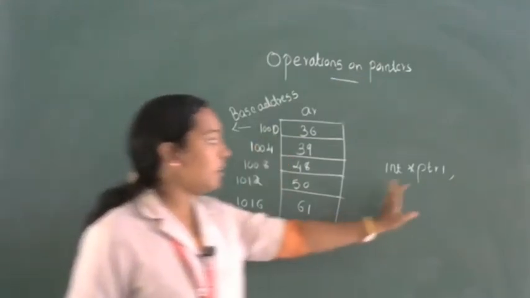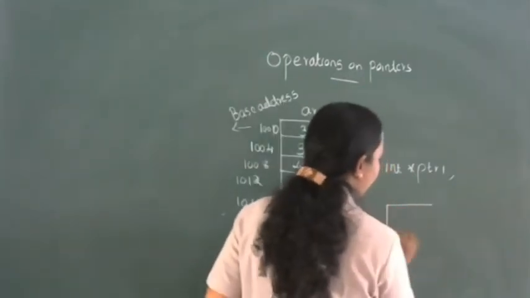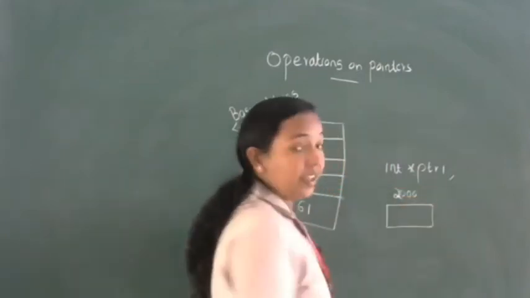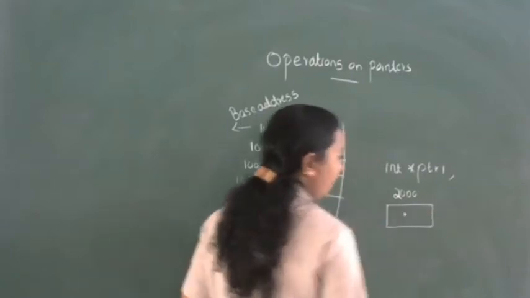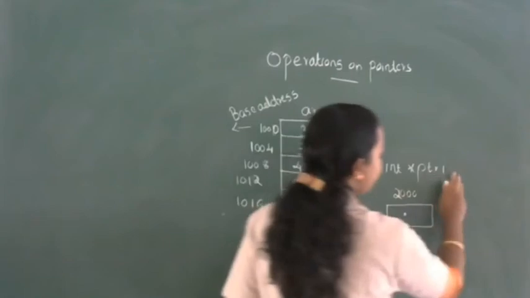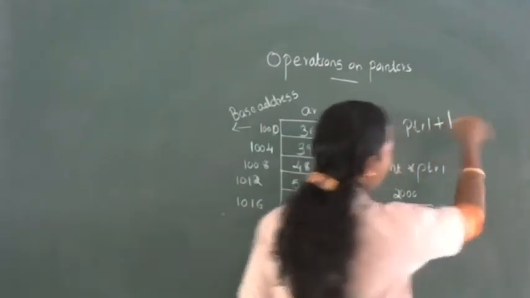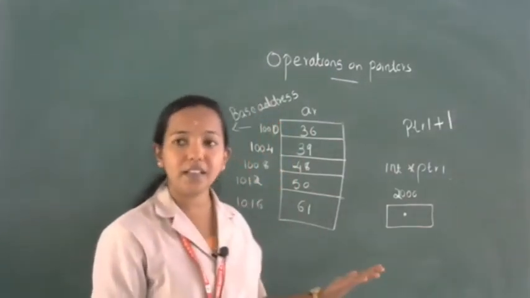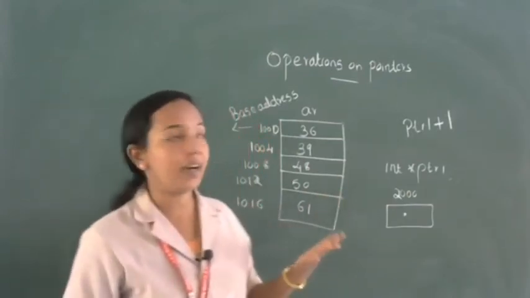Then int star ptr1. For example, if the ptr1 memory address is 2000, and now it is pointing to null because no other values are present. Then if we write ptr1 plus 1, that means we are incrementing ptr1 by 1.